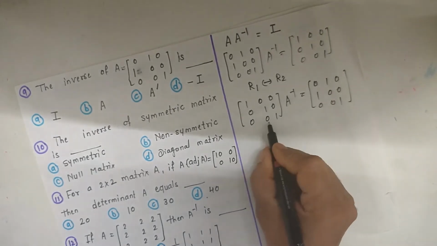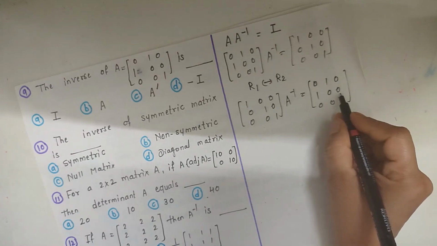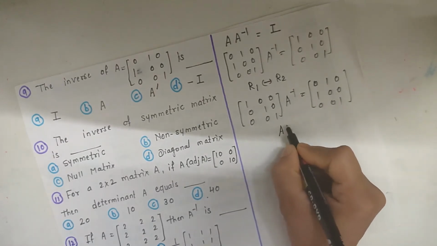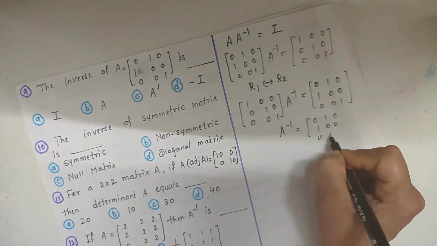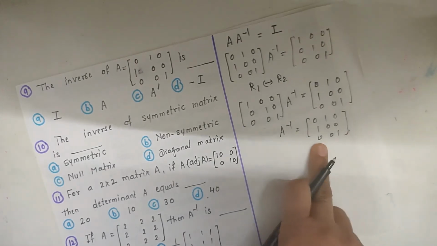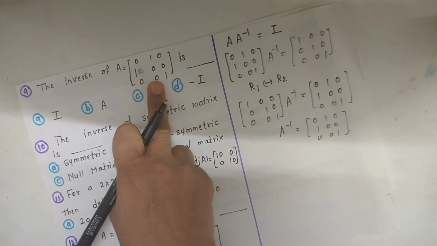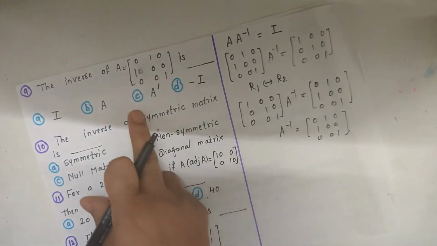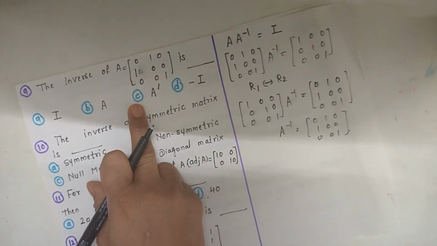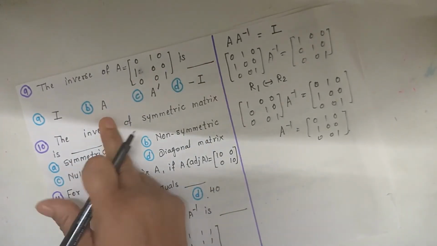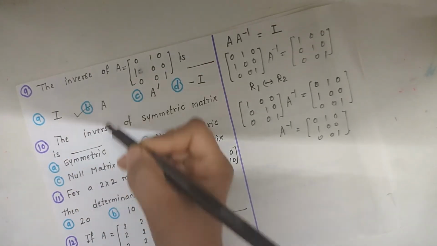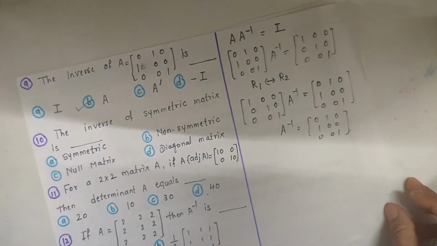This is the identity matrix I into A inverse is equal to this matrix. Then we get A inverse is equal to 0 1 0, 1 0 0, and 0 0 1. And this is the original matrix A. So A inverse and A both are the same. Therefore the inverse of this matrix is also A. Therefore option B is correct.